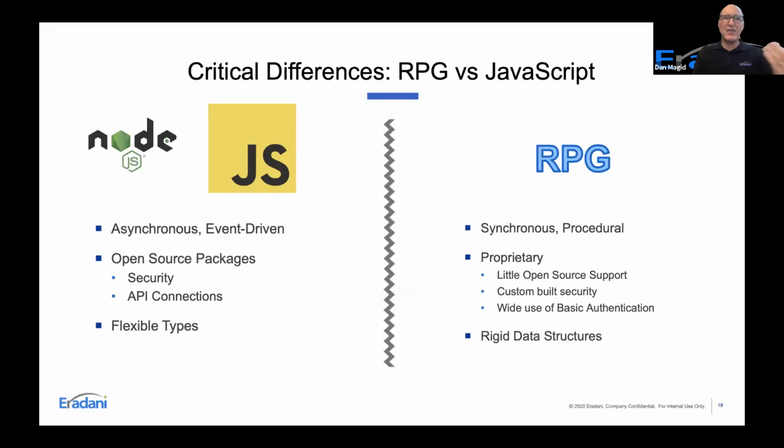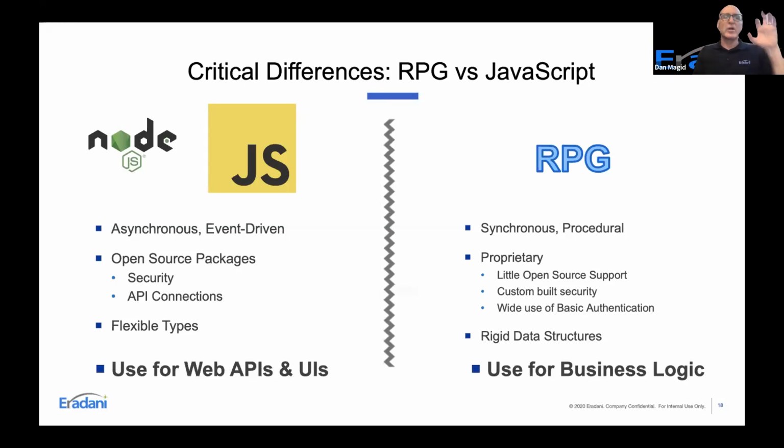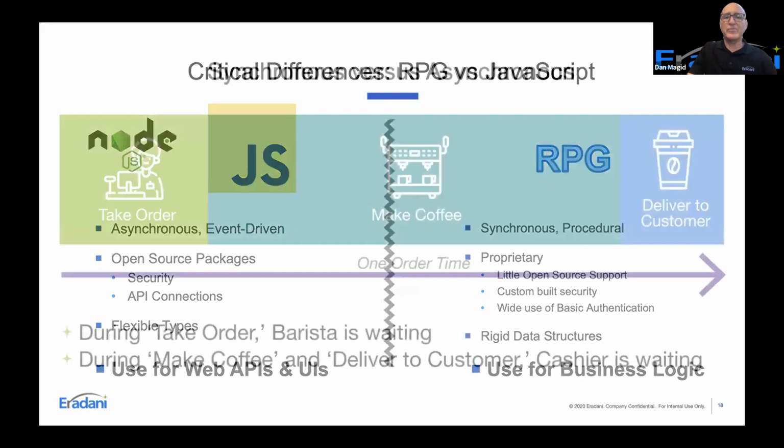So the data that you get from web services is not predictable, which is really hard for the IBM i to deal with directly. How do I deal with data that doesn't come in nice structured forms that my IBM i expects? So what we recommend is you use your RPG for all of your business logic and you use open source for web APIs and UIs.